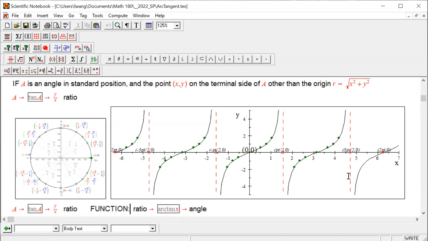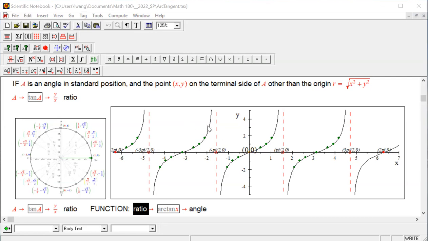Function means that for each input, there's exactly one output. So in order to make that happen, when we do that horizontal line test, since we cross so many, we only want to leave one. So how do we do that? What we do is we're only going to look at the piece in the middle.